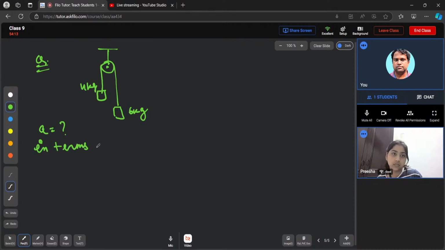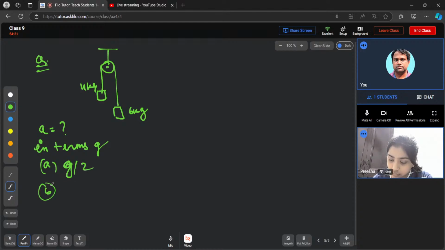That means don't put the value of g, keep the g. Options are given: g by 2, g by 5, g by 10, g.